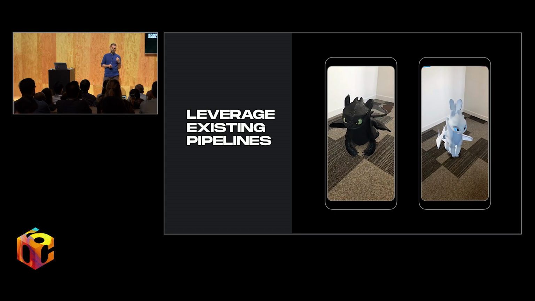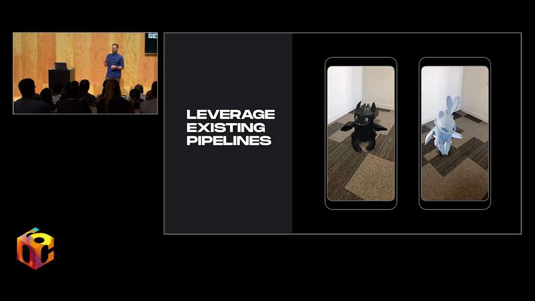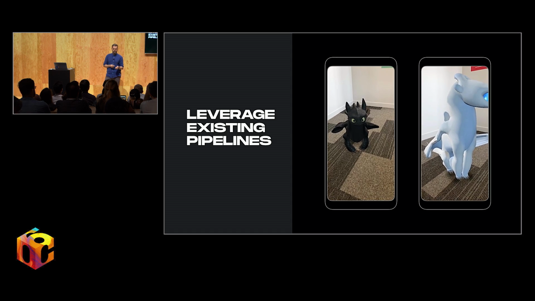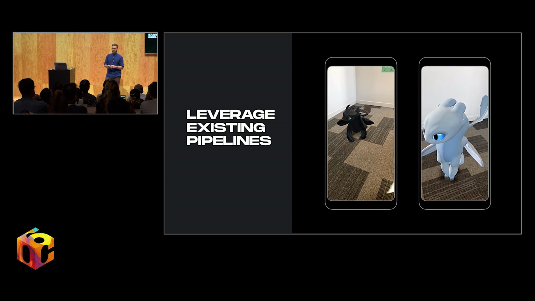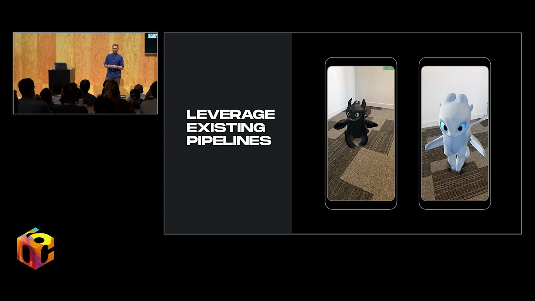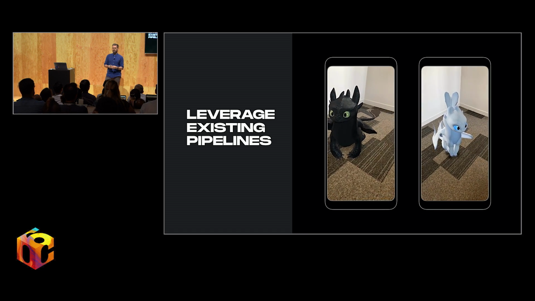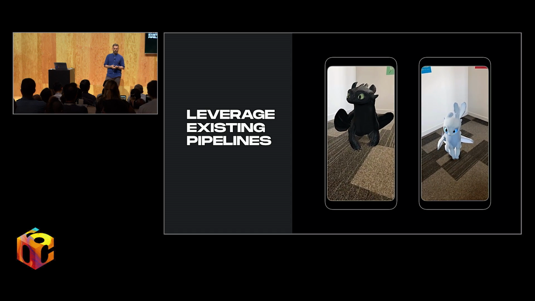Now, using Spark AR, you can really easily add interactivity. You can see with Light Fury on the right, when you tap on the screen, you can feed her a fish. And I really, really love the beautiful texturing and animation that we have on Toothless on the left. I think that really goes to show how readily AR lends itself to these same kind of VR assets that we're all familiar with working with.